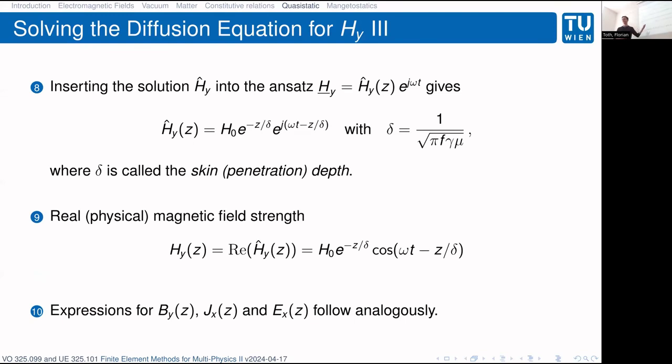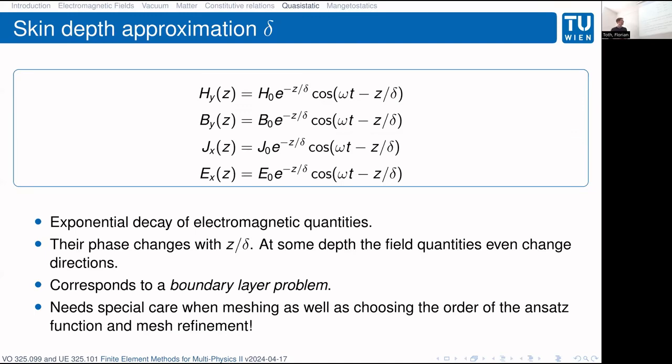And then you have equivalent expressions for B, J, and E. You can obtain them from the original equations by just inserting the solution, or the other way is to derive the differential equation for a different quantity. Here are the expressions, and you see they are completely the same. So all fields decay with the same skin depth.